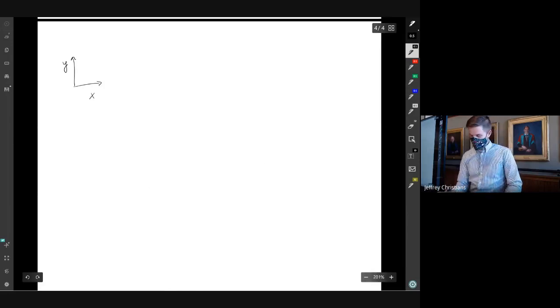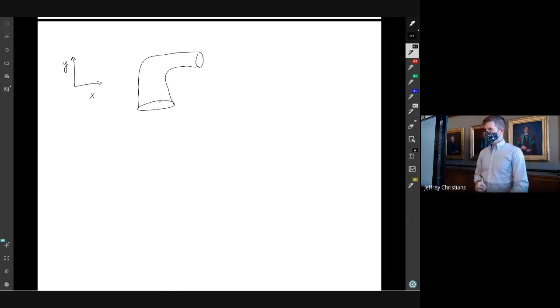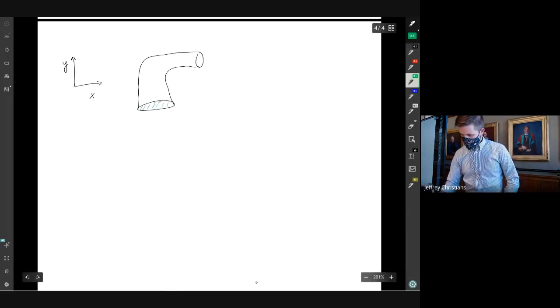If you have something that goes like this and changes direction, the examples that we've done so far in class have all been a single direction. Say this is surface 1 here, this is surface 2 up there, and you're flowing around this corner.